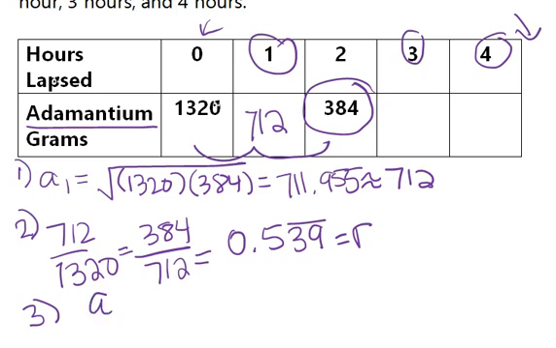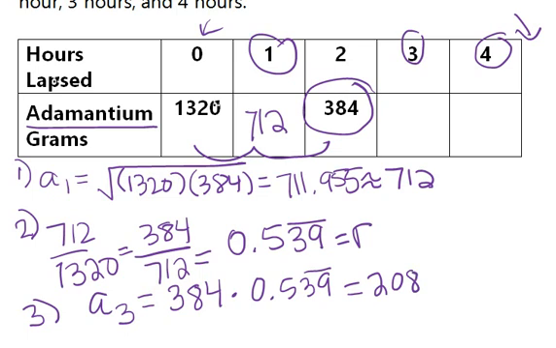We find the third term, a sub 3, by taking 384 and multiplying it by our common ratio of 0.539, which is equal to 208.72, or approximately 209 grams.